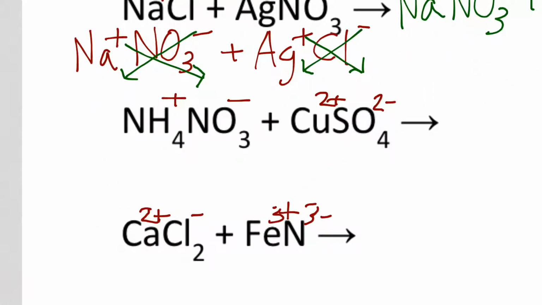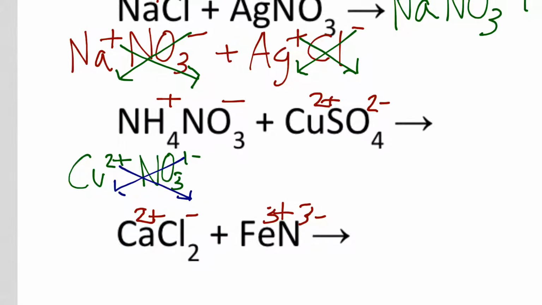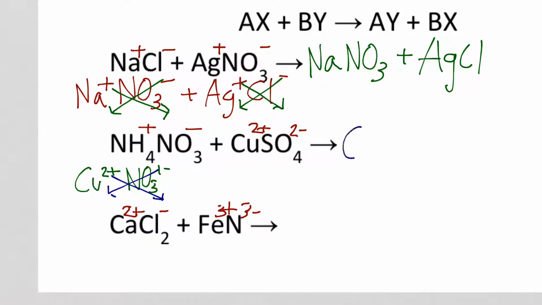Likewise, when we come down here, copper has a 2+, is now going to be paired with nitrate, which is a 1-. Crossing the charges, coming down, means I have copper and 2 nitrates, which I need to put in parentheses to illustrate I have 2 nitrate ions.